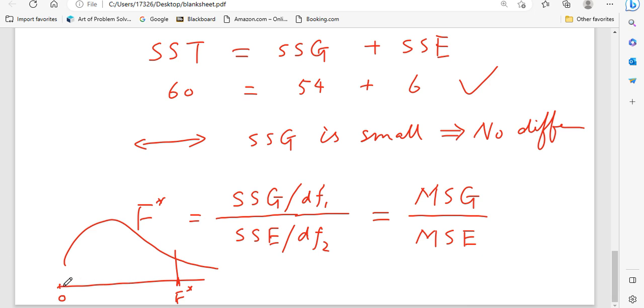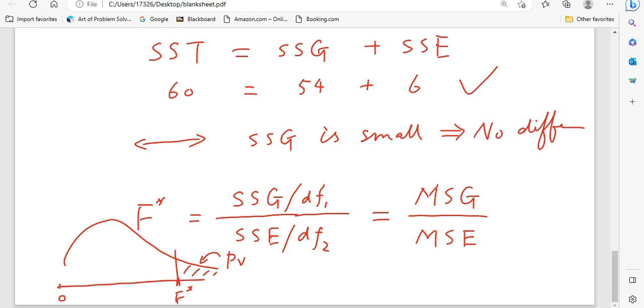We use the p value, right? We just check this probability, the p value. If the p value is very small, meaning F star, the cut-off point, is quite far away from 0, so we can regard this number as big.